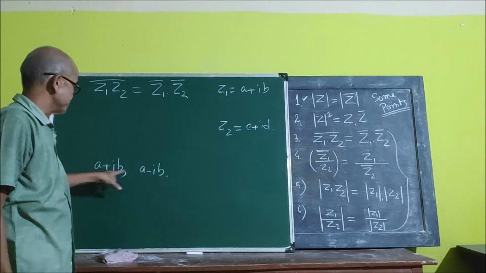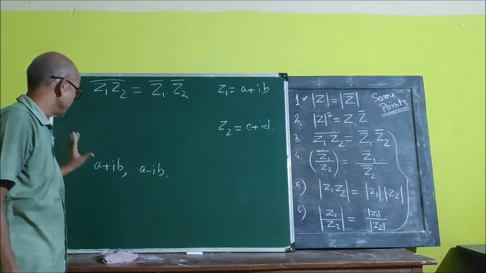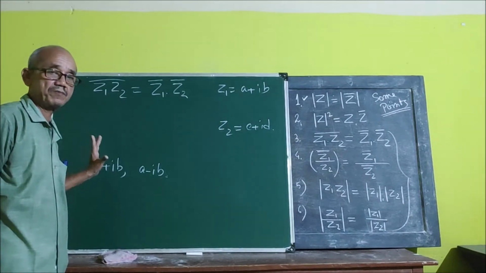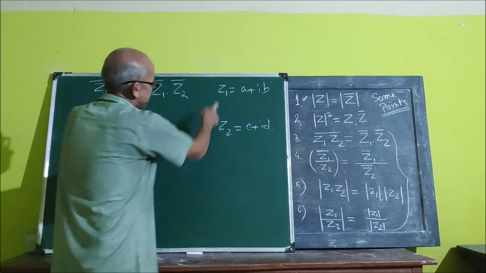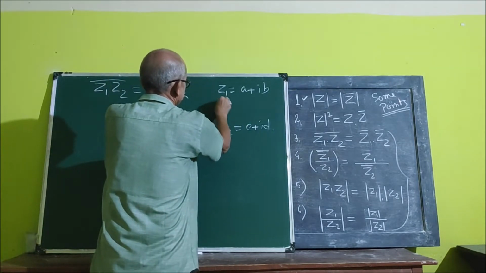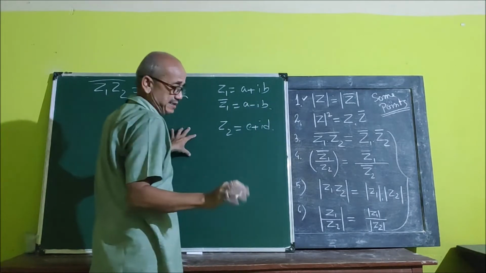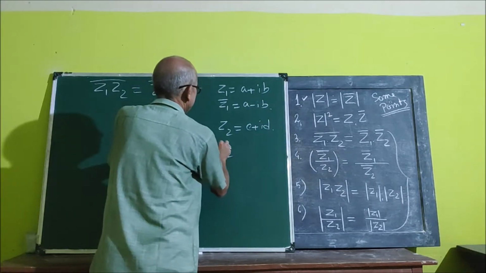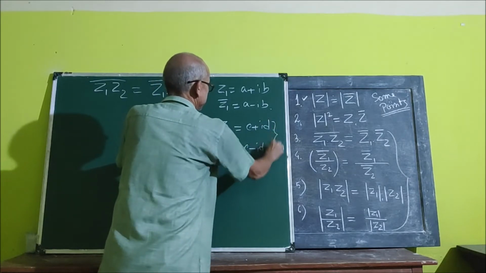The sign of the imaginary part is changed. So the conjugate of the first is a minus ib, and the conjugate of the second is c minus id.